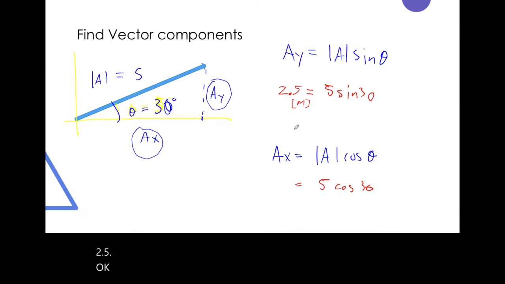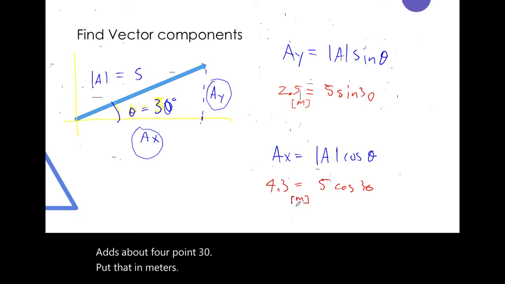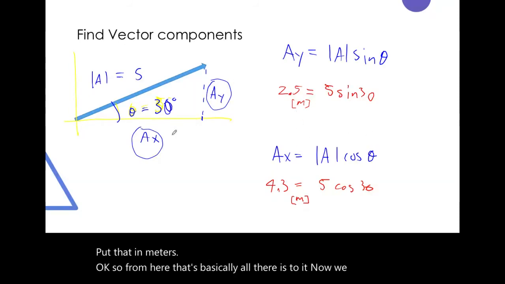Okay, and the x component, putting that in our calculator, cosine of 30 is square root 3 over 2. That's about 4.3. Let's put that in meters. Okay. So from there, that's basically all there is to it. Now we have our x and y components.